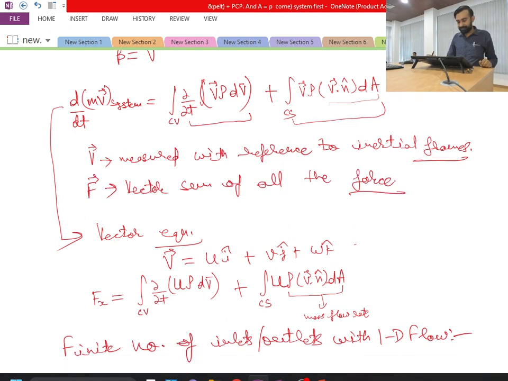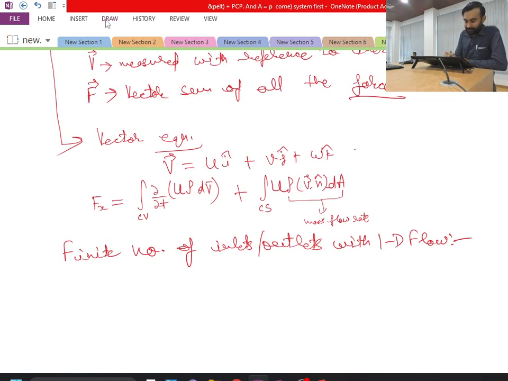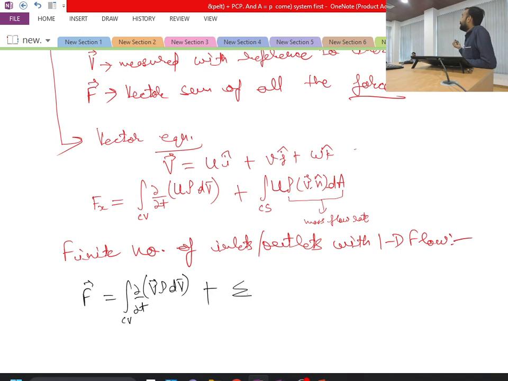So my F vector will be nothing but equal to integral over the control volume del by del t v vector rho dV bar plus, in place of integral now I will be writing summation of v vector rho times v vector dot n cap into A. Now I can simply write A because I have also taken the assumption of 1D flow. So simply A, and I will put some subscript i over here.